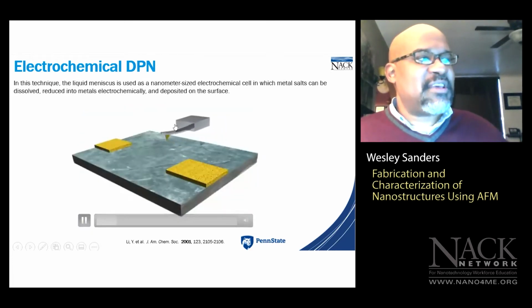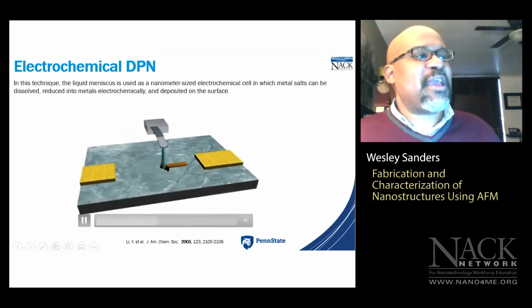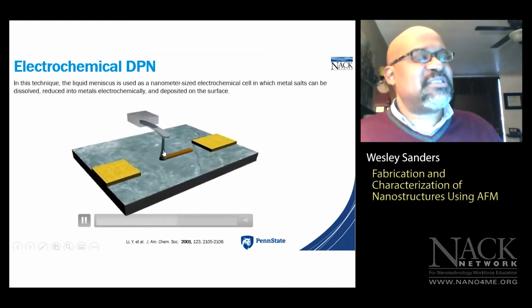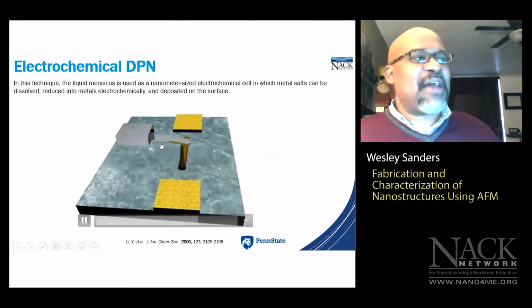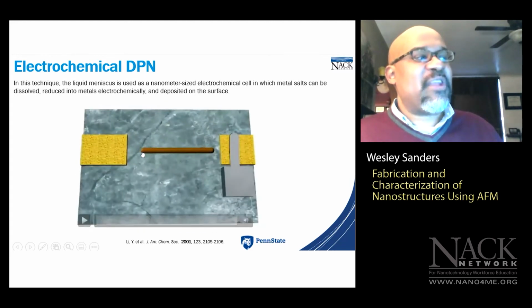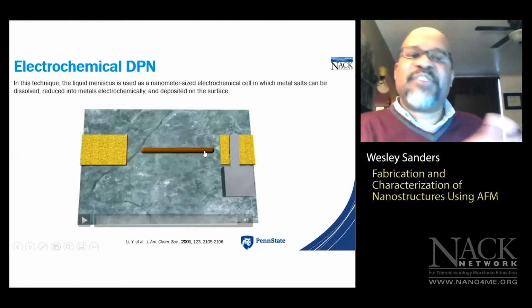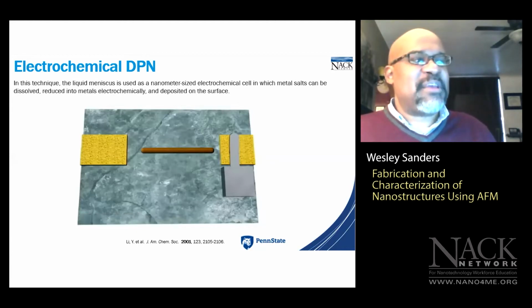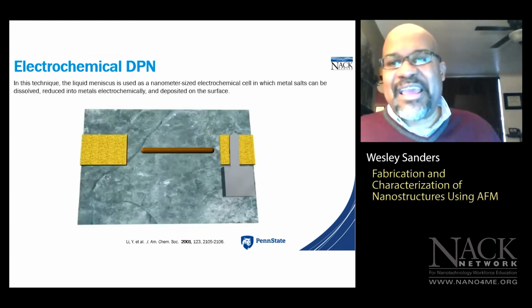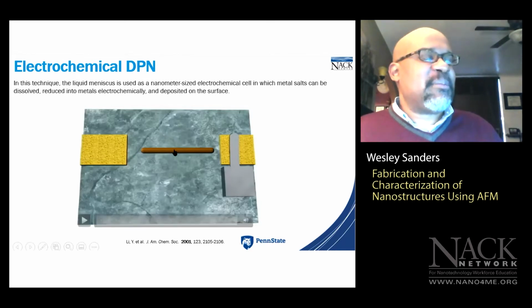Then you would lower the tip as you normally would during a normal AFM scan. But in this particular case, you would want a small separation between your tip and the sample, right? So when you apply the appropriate voltage, you would facilitate reduction of the silver ions directly under the tip. Okay, so once again, this is a form of electrochemical DPN that doesn't involve the use of an ink per se. It involves the reduction of metal cations directly under the tip in order to deposit your structure of interest.